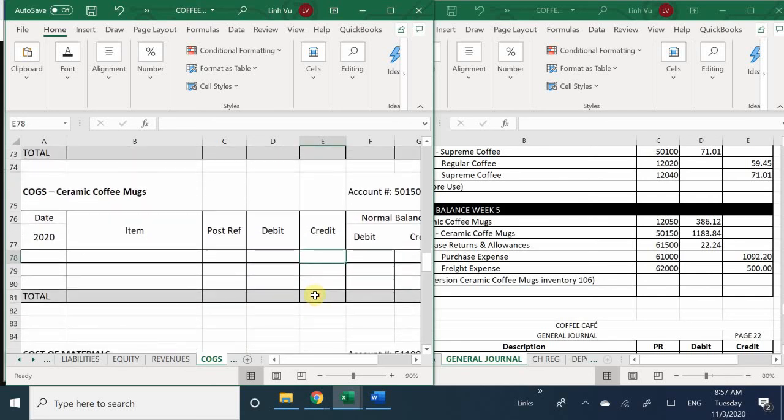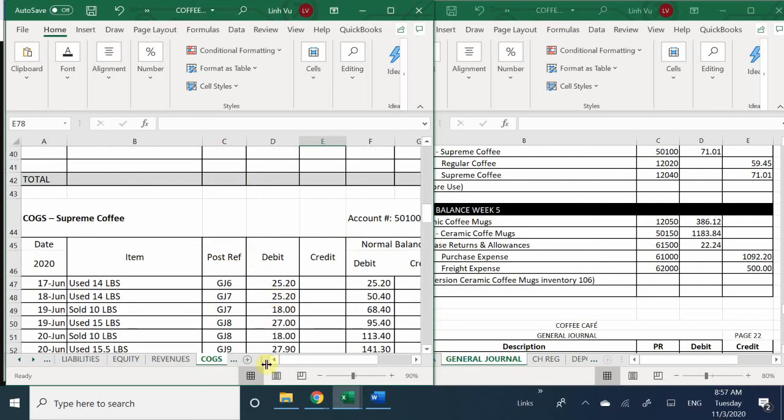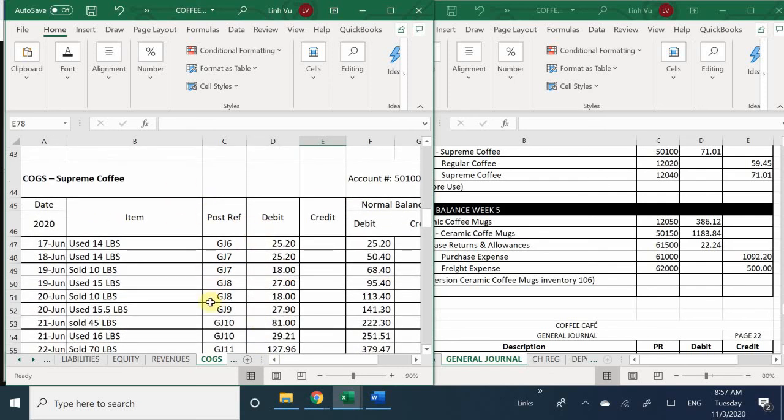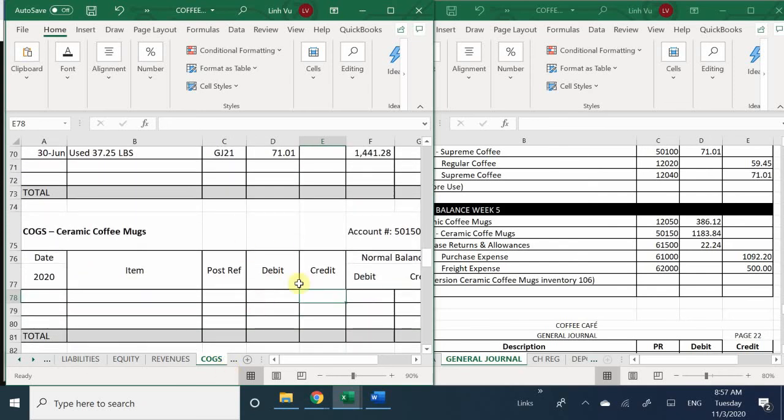For this one, since we're not making extra entries where it's more than one, then no, there is no actual formula yet in here. Okay, so the cost of goods sold.